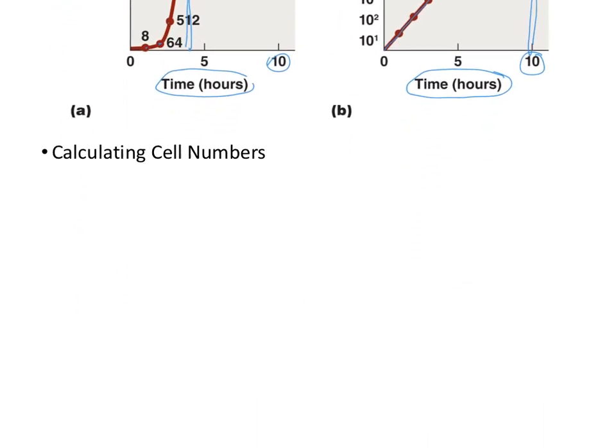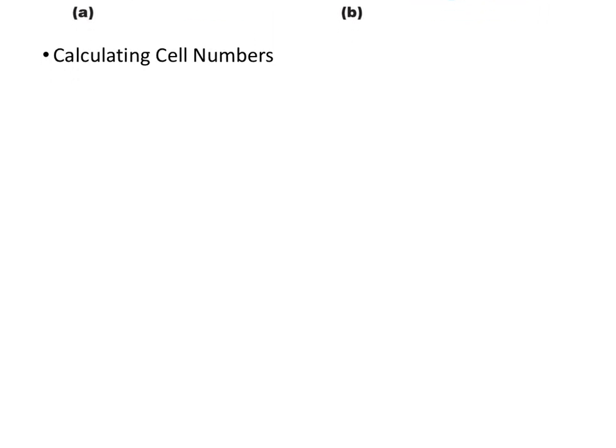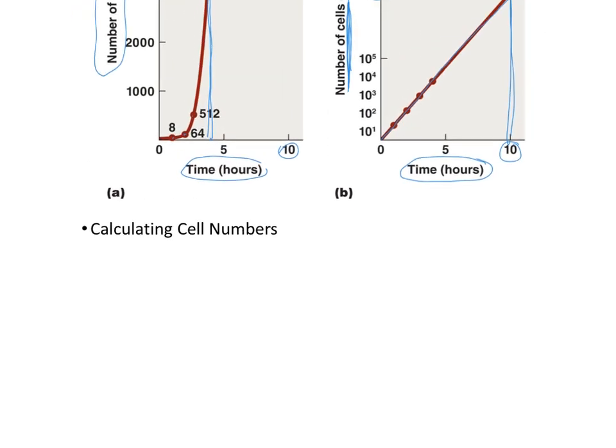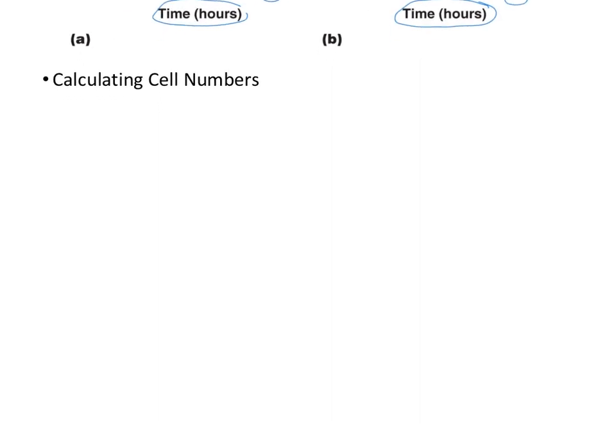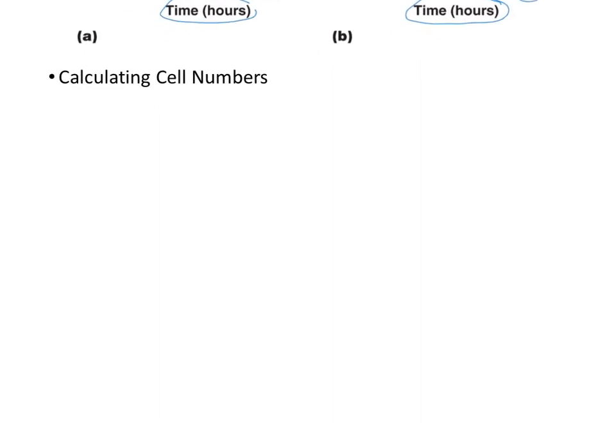Okay, so thinking about calculating cell numbers, one way to do it is extrapolating from a graph. But there is also an equation you can use, and I think maybe they have this in the book, and perhaps not.